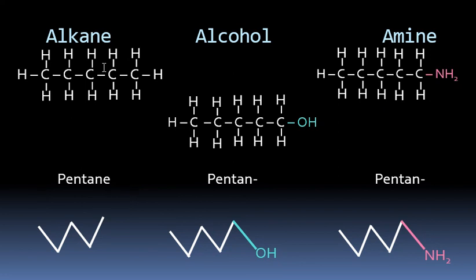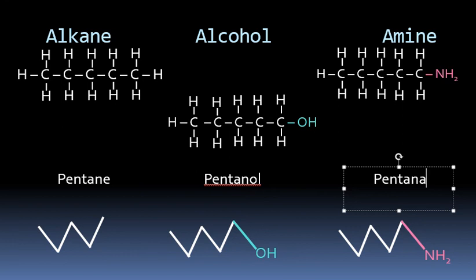Now if we were to substitute one of the hydrogens at the end with an OH group, well then we would call that molecule pentanol, because pentan means 5 carbons and ol means an OH substitution onto the molecule. In the case of the amine substituted version of pentane, we would replace the final E with amine. Therefore we have pentanamine.